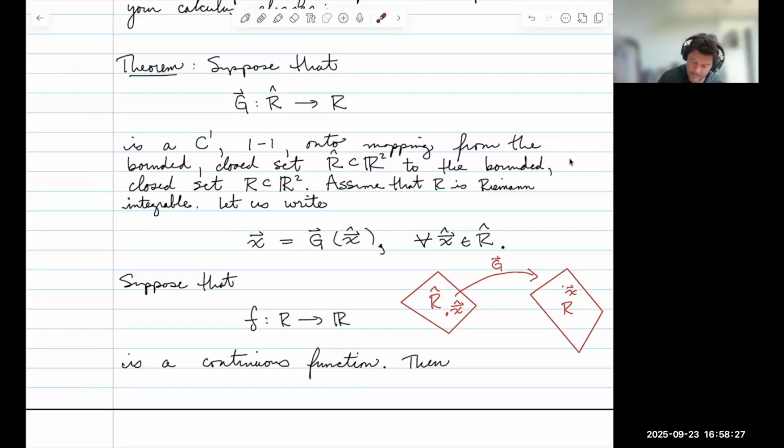Okay. Next, suppose that f is a function that takes points of this rectangle R. So I think about f as being a function of this regular variable x, and maps them into the real numbers. And suppose that f is just a continuous function. This mapping here is one-to-one onto and also C1.